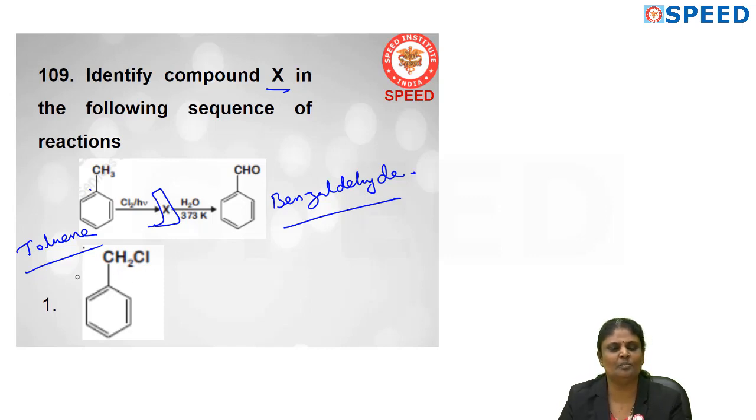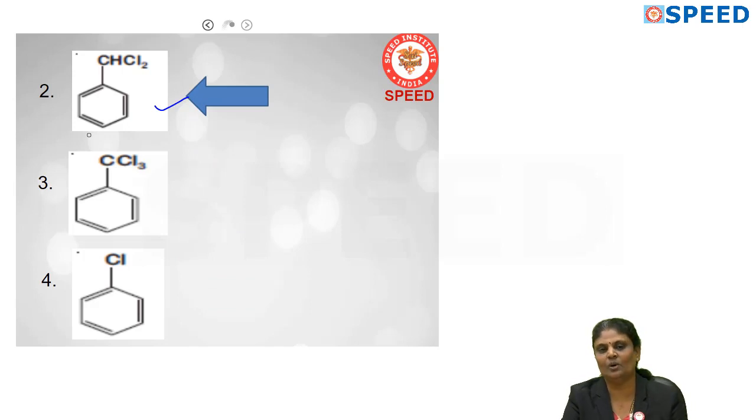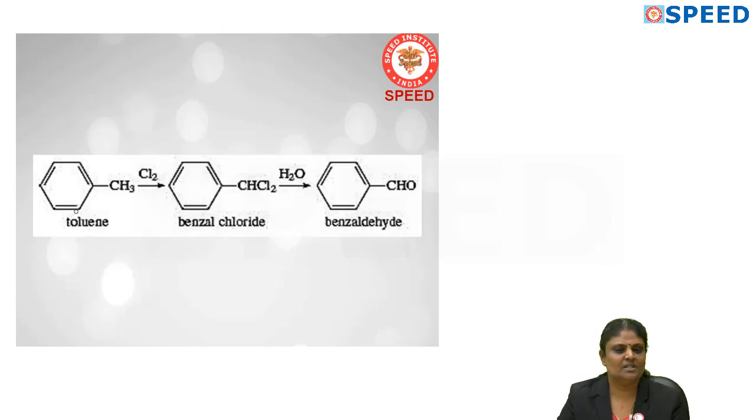The first compound, CH2Cl, is formed, but here the required thing is CHCl2, while in this option CH2 is present. So this is wrong, and here CH is missing. So this option is the correct one, and you have to answer using lateral thinking. So this is toluene in the presence of chlorine.